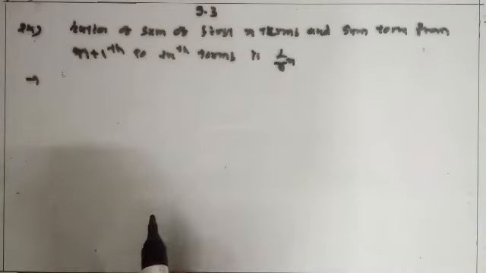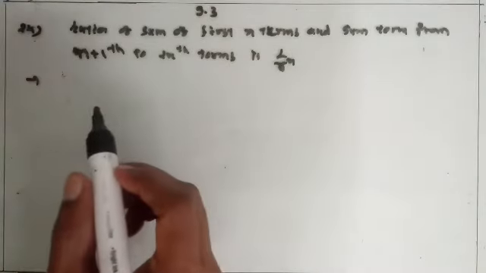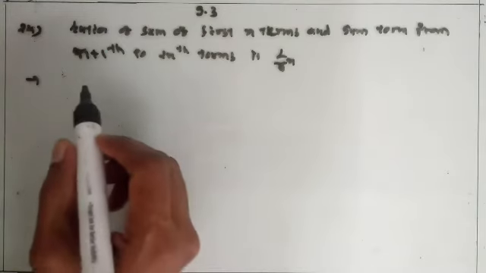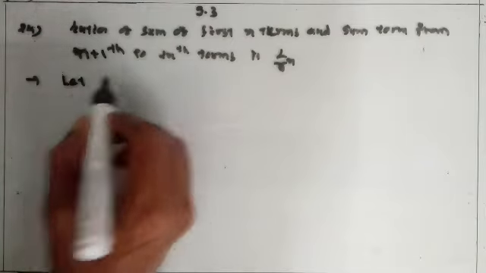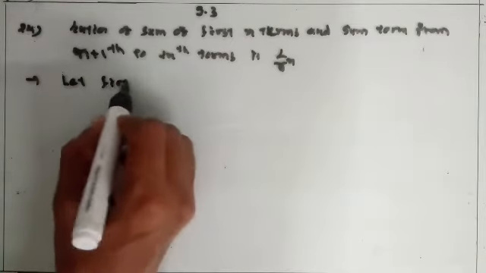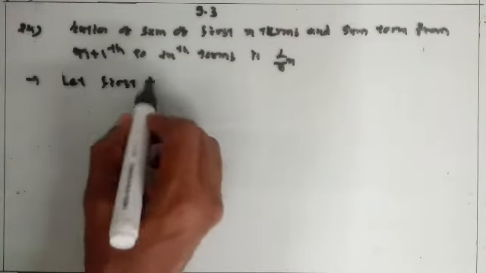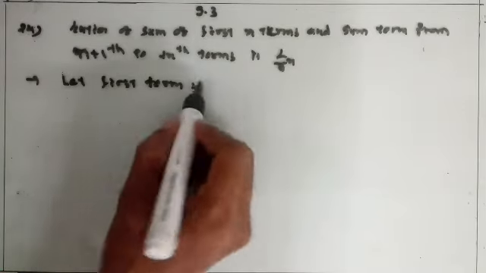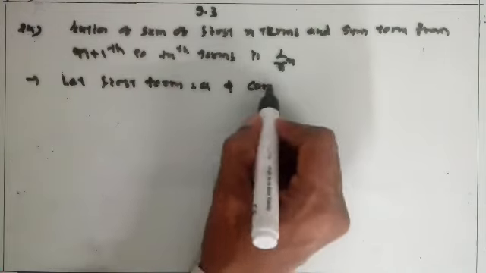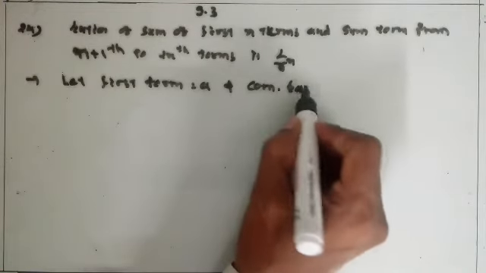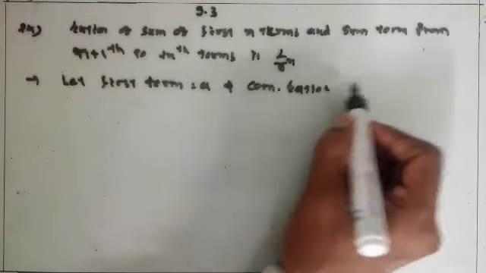Here a geometric sequence is given. So first we suppose the first term is equal to a and the common ratio is equal to r.